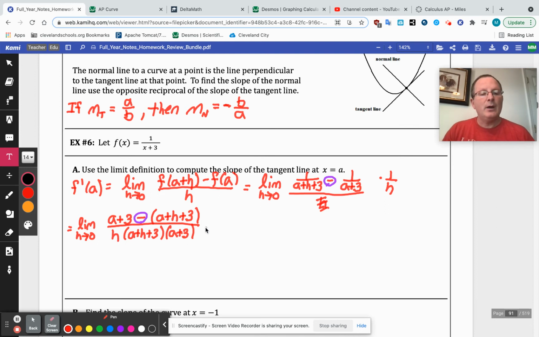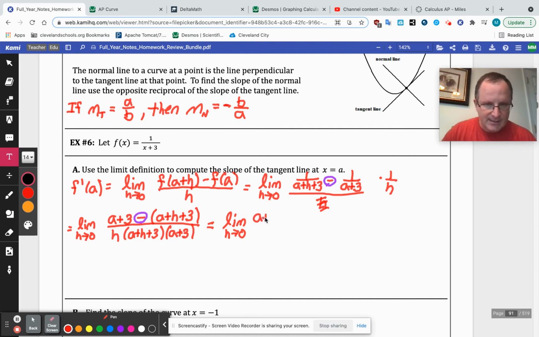Now, just like before, anything that doesn't have an h up top should go away. You can see it happening, right? So let me hold on to the limit notation, h approaching 0. Okay, a minus a, gone. If you want to distribute, we can. I don't mind showing that. You can fast forward if you don't want to see it.